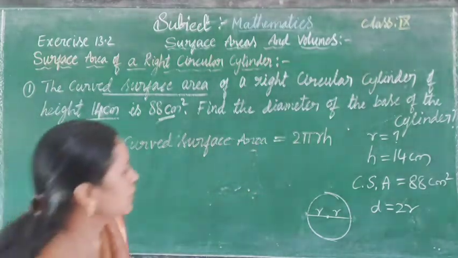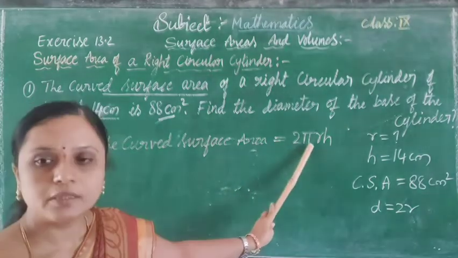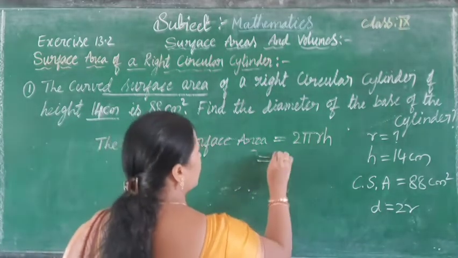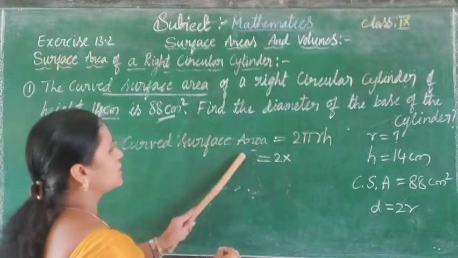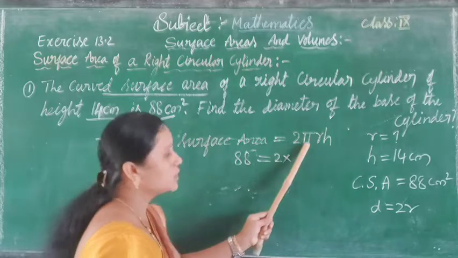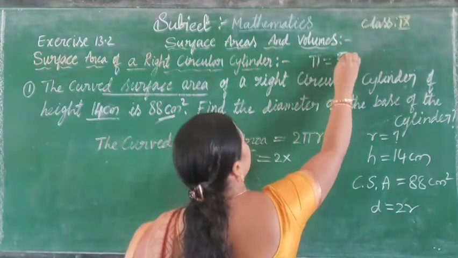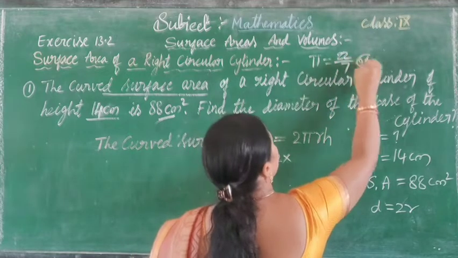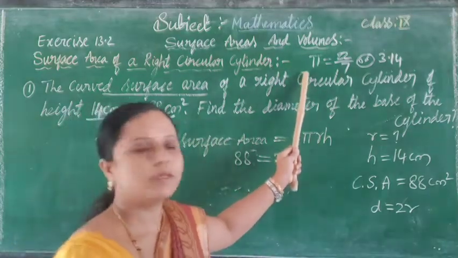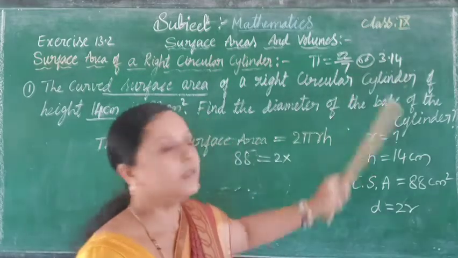So now take this formula. The value of pi is 22 by 7, or you can write 3.14. Approximately, the value of pi is 22 by 7, otherwise 3.14. You can take any one value.